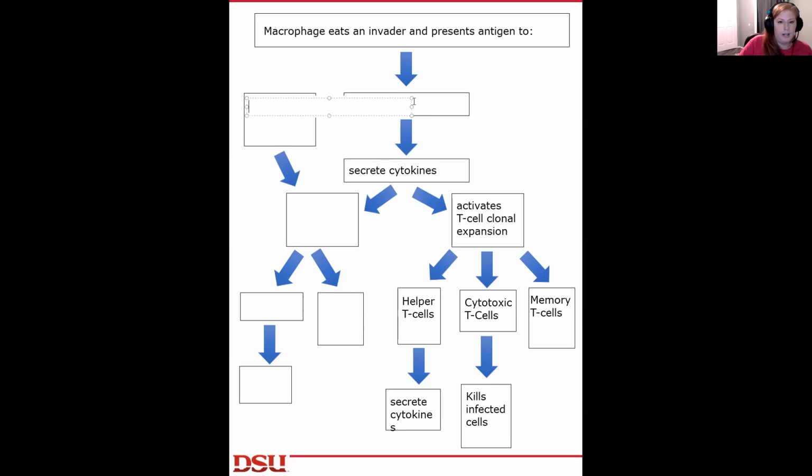Remember that B cells do not need a macrophage to present an antigen to them. So you'll notice that the arrow for a macrophage eats an invader does not go to the B cells, it only goes to the T's, because the B cell can find it, identify it, kill it by itself. When a B cell binds to an antigen, we get our B cell clonal expansion.